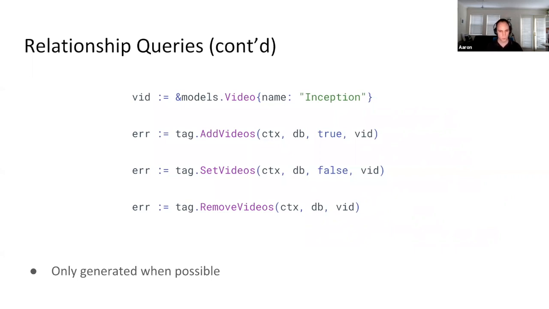So you only do one query if one query is possible. And you'll notice at the bottom of the slide, these are only generated when these operations are actually possible, which means that based on your relationship type, you may not be able to remove videos. You may not be able to add them, in a one-to-one situation or a non-null situation. Some of these won't exist.